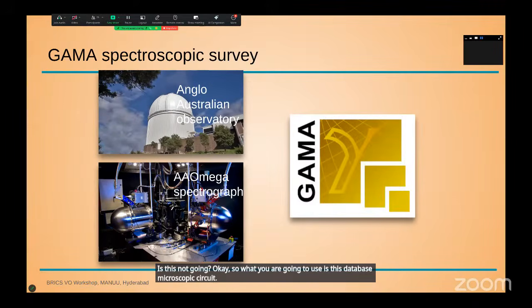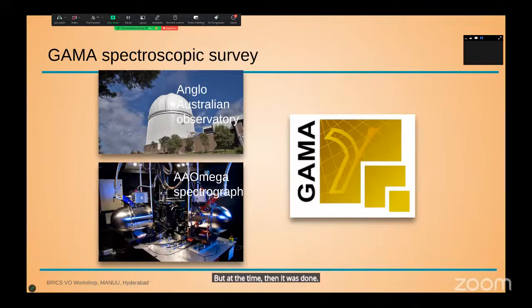This survey was done with the Anglo-Australian Observatory. It's now called the Australian Astronomical Observatory because I think England pulled out of the funding. But at the time it was done, it was called the AAO, still the same acronym. And what this observatory has is a nice spectrograph.